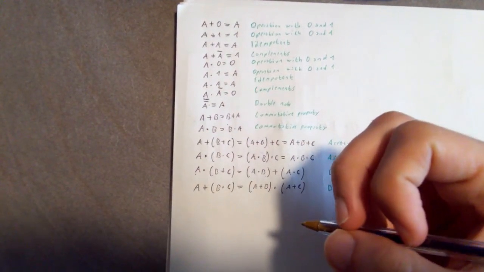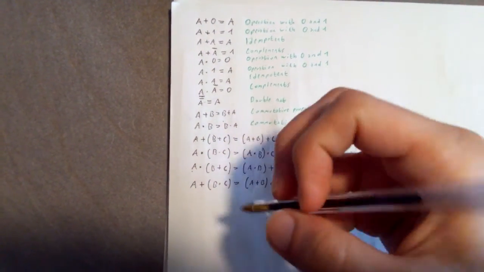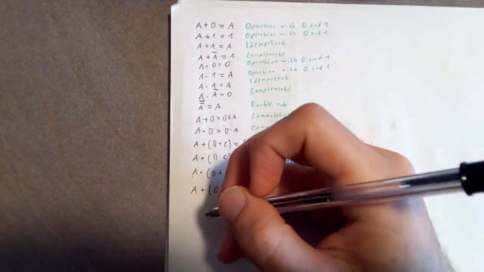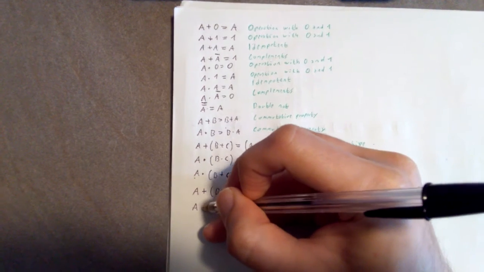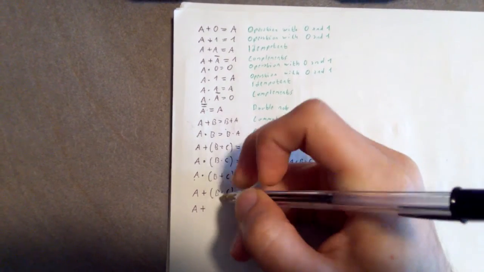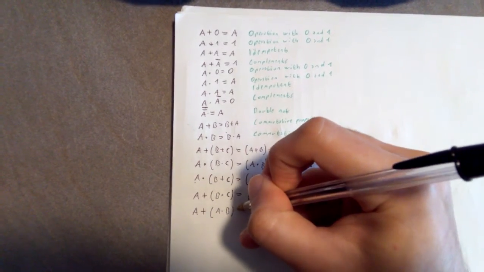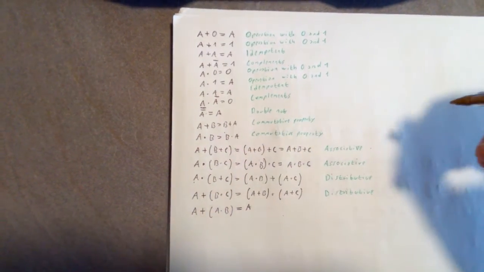You have some other properties. One of them is the absorption, and the absorption is basically that if you have a plus a times b, this is just a.